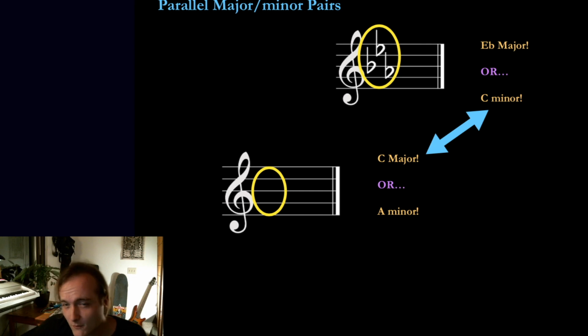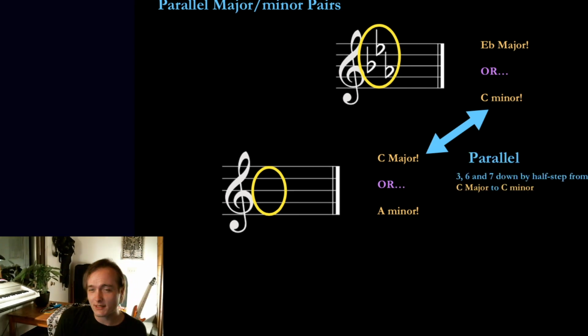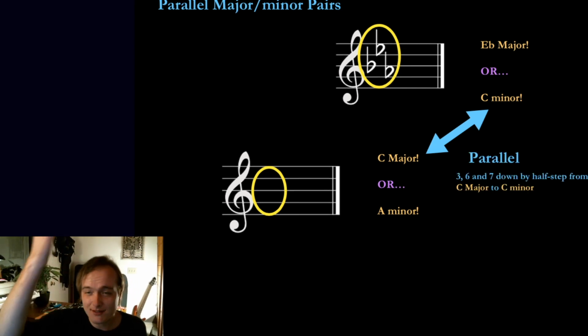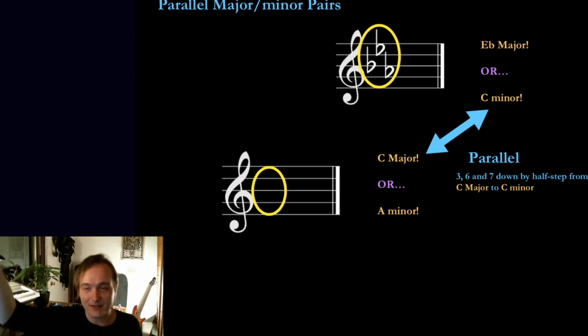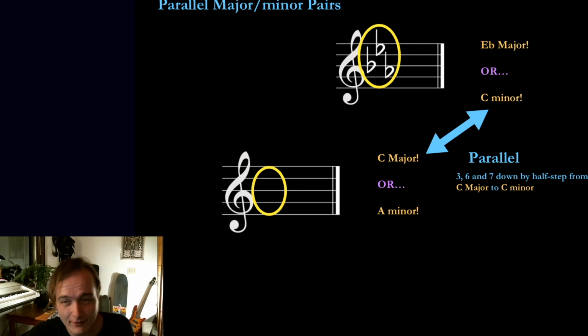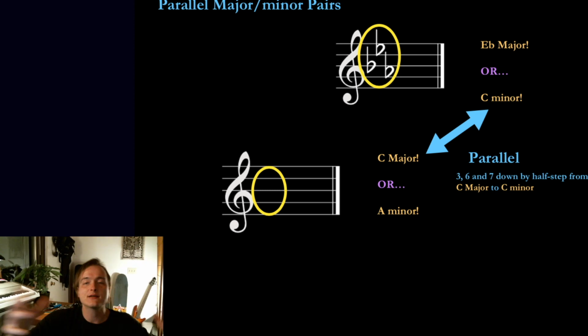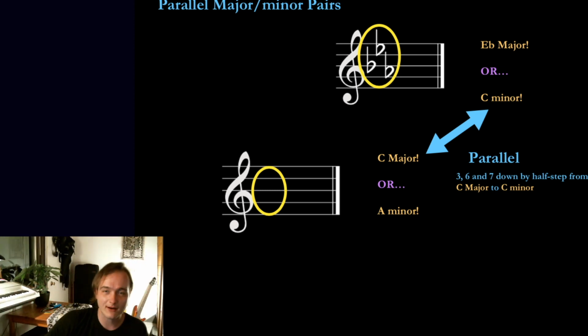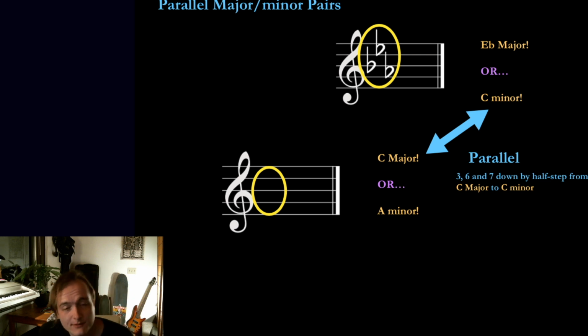That was a parallel relationship because, like I said before, they have the same tonic, C, but now they have different key signatures because scale degrees 3, 6, and 7 have to go down by a half step, going from C major to C minor. So this is a very different kind of relationship. It also has some really cool effects and things you can do musically with it. Again, these are going to be the closest kinds of relationships among keys, relative keys and parallel keys. Some of the closest relationships that keys can have.